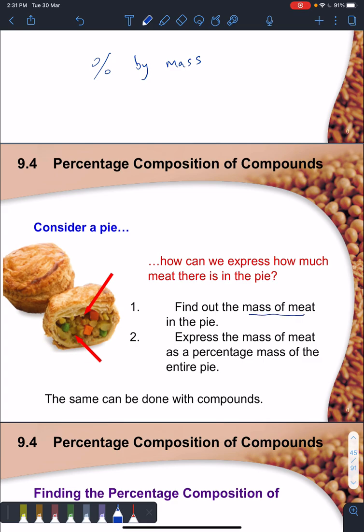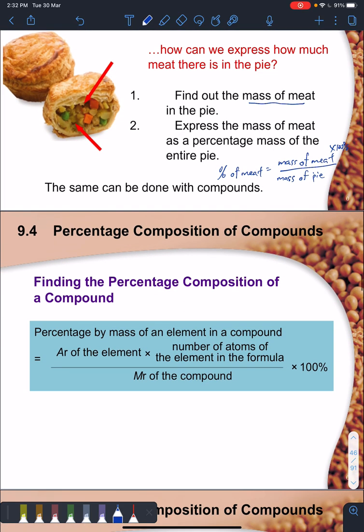So the percentage of meat would be the mass of the meat over the mass of the entire pie times 100%, of course. This idea of percentage in terms of mass is what we like to do in chemistry. Compounds especially, because we do recall the difference between a compound and a mixture.